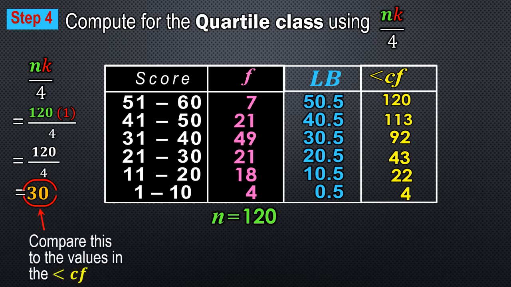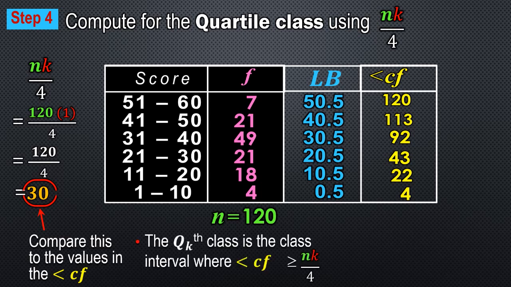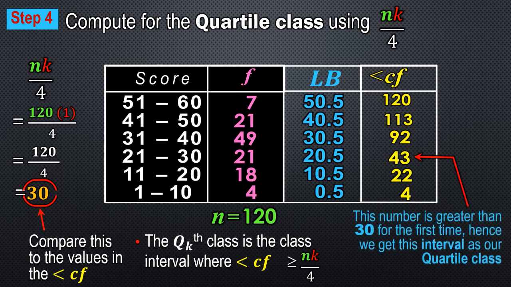Meaning to say, you are going to get the quartile class in the 30th position. Now, you are going to compare this to the values in the less than cumulative frequency. So, everybody, eyes on the less than cumulative frequency. The quartile class is the class interval where the less than cumulative frequency is greater than or equal to the quartile position.